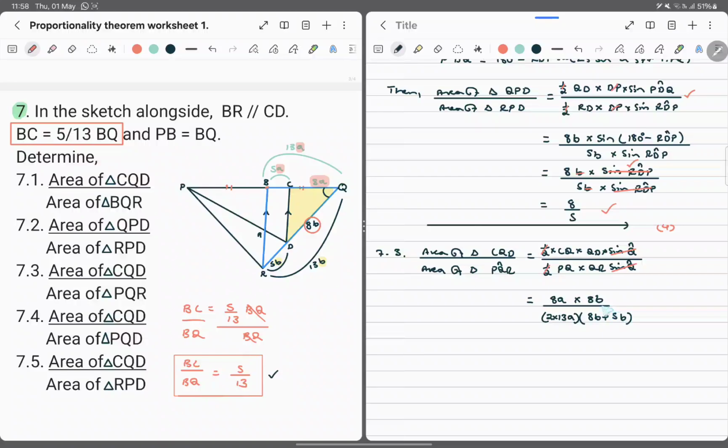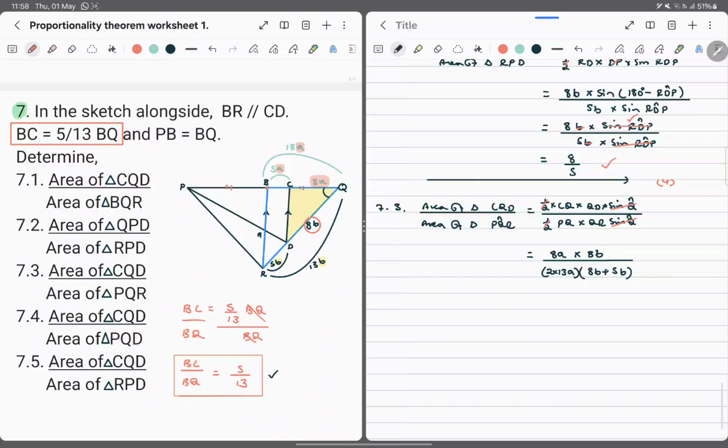It's not 56. Don't forget. Alright, let's just simplify now. We've got 8 times 8, we've got 64AB. So that's a multiplication, so that's good. This is going to be 13 by 2, that's 26, times 13.